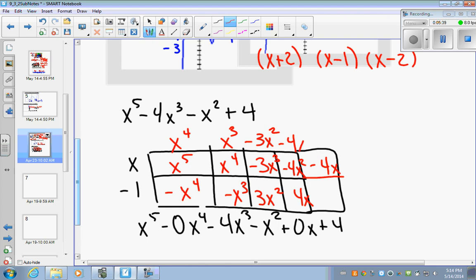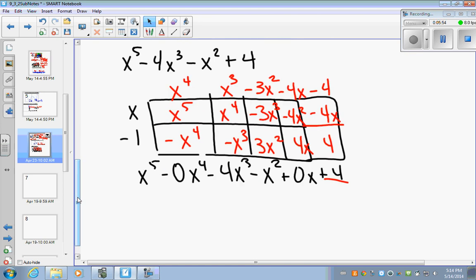And I'm sorry, I kind of made that mistake there. That should have had an x by it because that was the x squared term. And then let's see, minus 4. So this would be a positive 4 and good. No remainder.